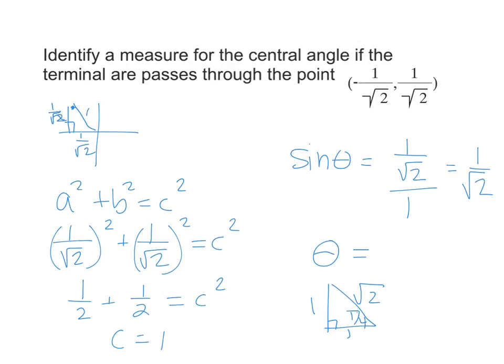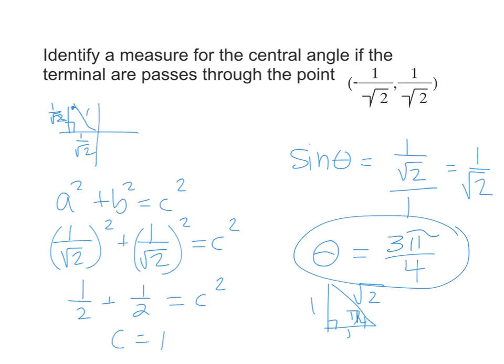Because the one that has a 1 over root 2 has 1 as the opposite and root 2 as the hypotenuse. So the reference angle is pi over 4. And then because we're in that quadrant, it's actually 3 pi over 4.